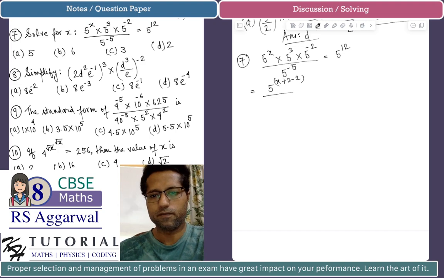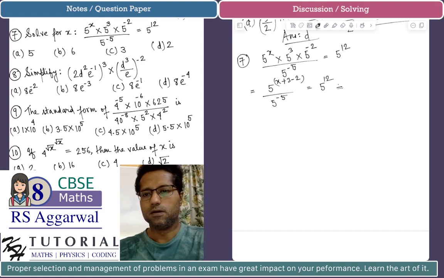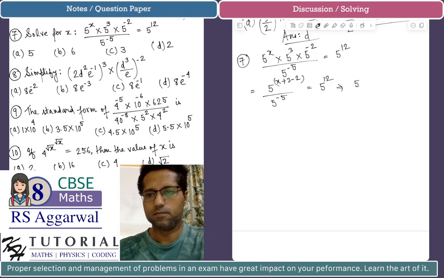In the denominator we have 5 to the power minus 5. This is equal to 5 to the power 12. So this implies, if we simplify the numerator on the left hand side, this is 5 raised to the power x plus 1 divided by 5 raised to the power minus 5 equals 5 raised to the power 12.